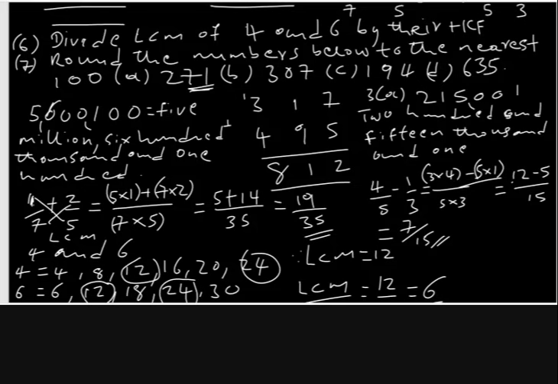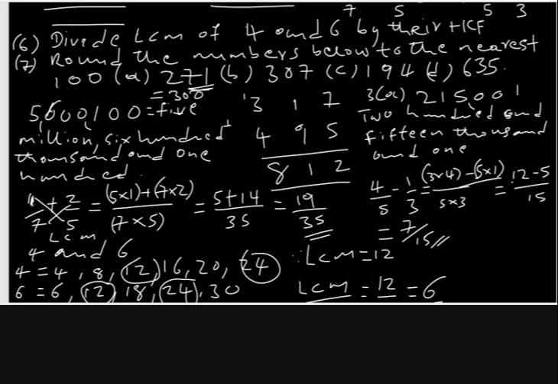Once the number is more than 5, you round it up. When you are rounding up, you add 1 here. So 271 will give us 300 to the nearest 100.